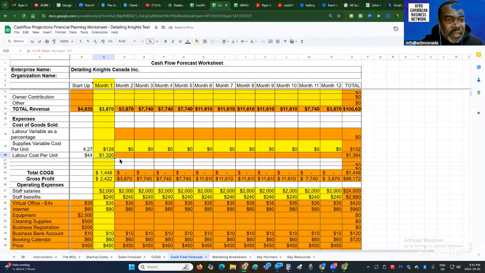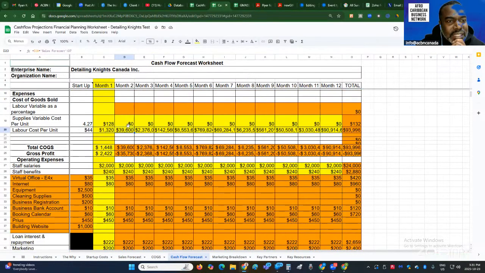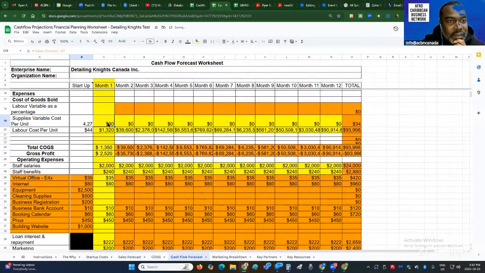Why is that not expanding? Why is that so high? Okay, no, it shouldn't be that high. One sec. This should be equals this times how many sales?